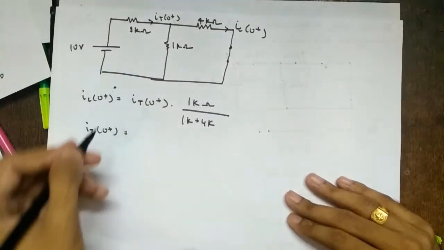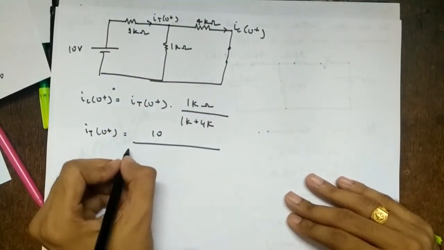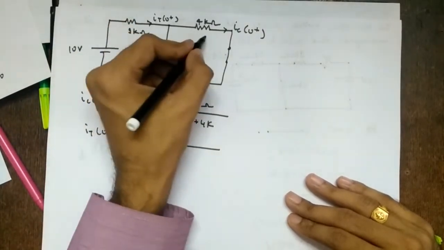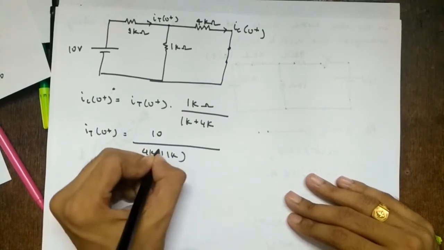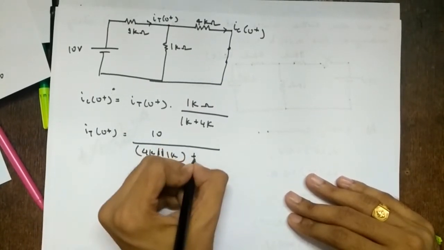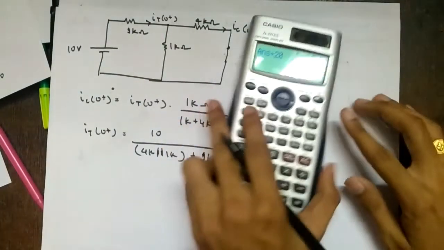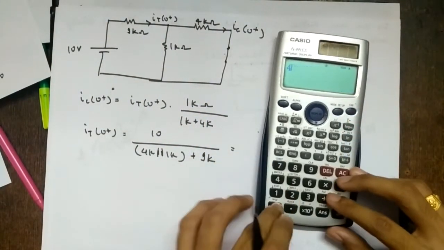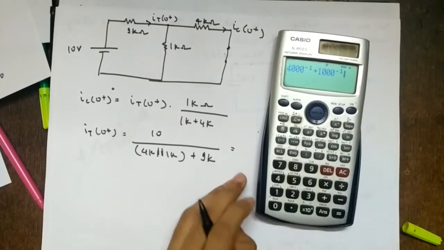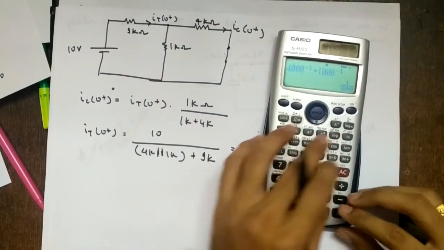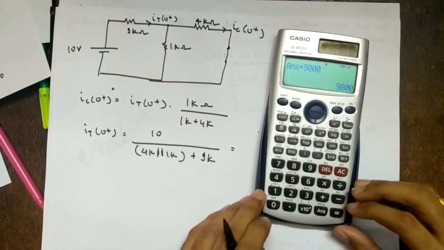So it will be total voltage V by R. So 10 upon, what is this parallel combination? So 4K parallel with 1K. This is parallel, plus 9K in series, right? So this will be the current. So 4000 inverse plus 1000 inverse, plus 9000.